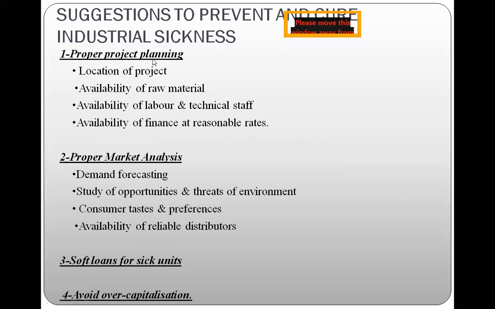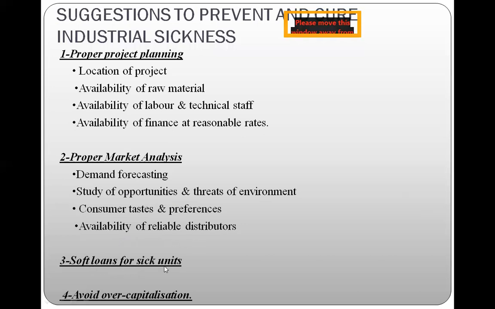First is proper project planning: location of the project, availability of raw material, availability of labor and technical staff, and availability of finance at a reasonable rate. Next is proper market analysis: demand forecasting, how the customers are demanding, study of the opportunities and threats of the environment, consumer taste and preferences, availability of reliable distributors.